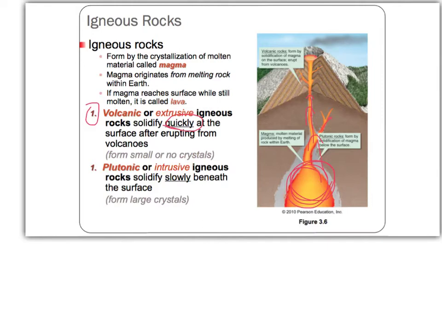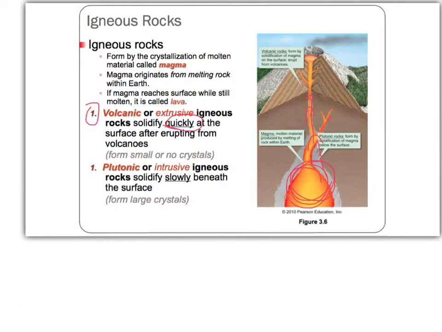To some extent, if the molten material is underground, we still call it magma, and we call it lava when it is up on the surface. But you have to realize that during the ascent of the magma, it changes. So if you look at the composition of magma deep in a magma chamber underneath the ground, it's going to have a different composition than the lava flows at the surface.